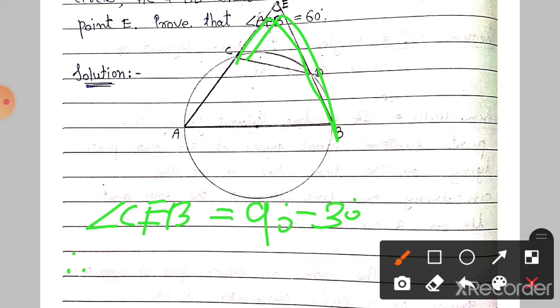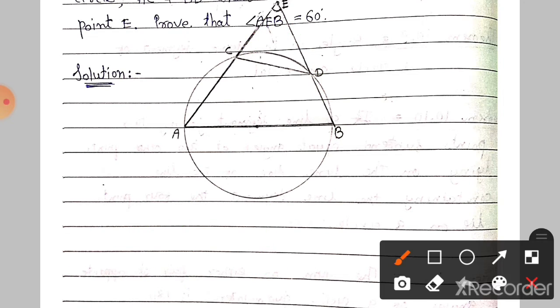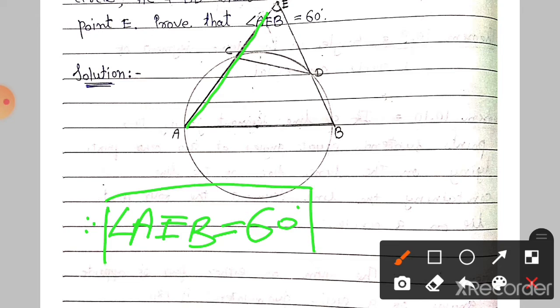Therefore angle CEB is equal to 60 degrees. But students, see here, A, C, E are collinear points. So we can say angle AEB is equal to 60 degrees. Hence proved. Correct, students? Okay, move on to the next sum.